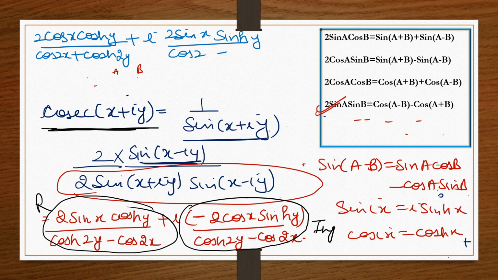Now we are moving to hyperbolic. Next is how we can separate the real and imaginary part of hyperbolic functions, right? So see class, here we have done some formulas like sine iota x was iota sine hyperbolic x.